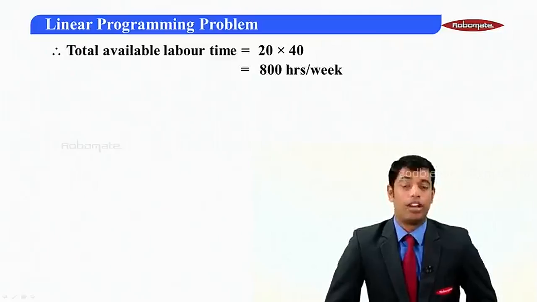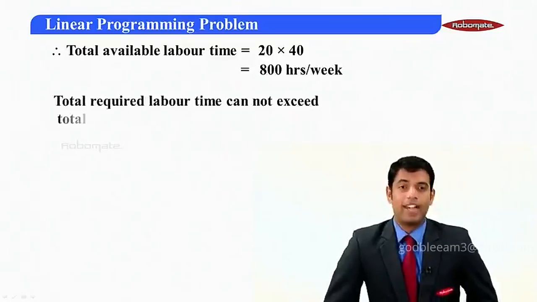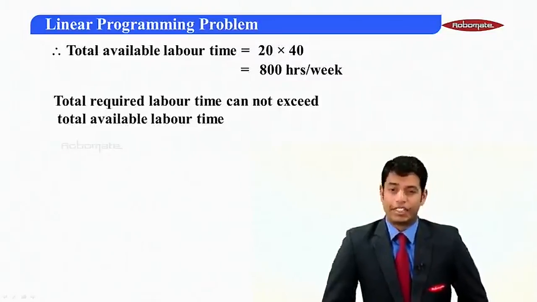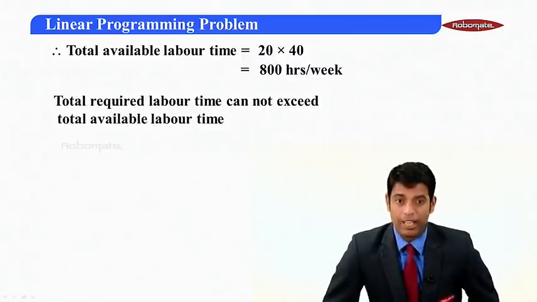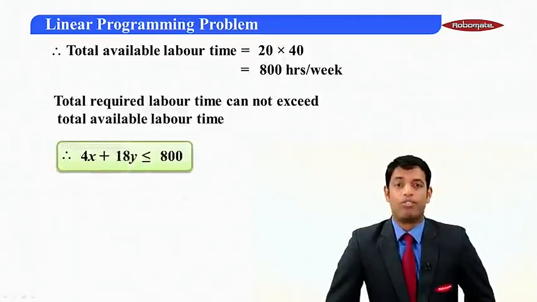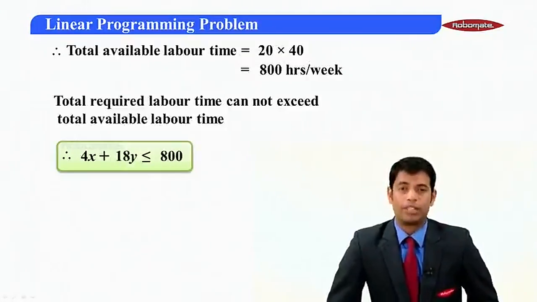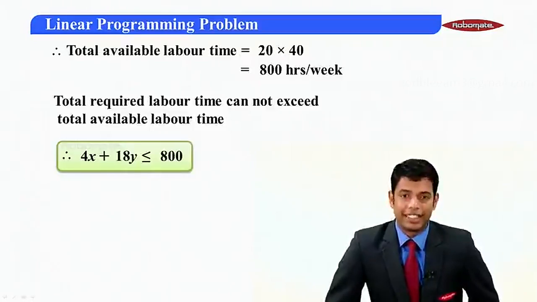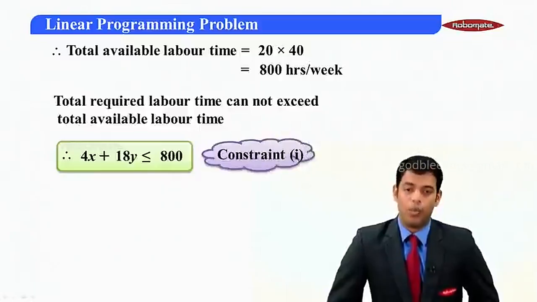Obviously total required labor time can never exceed total available labor time. So 4x plus 18y must always be less than or equal to 800, and this is our constraint 1.